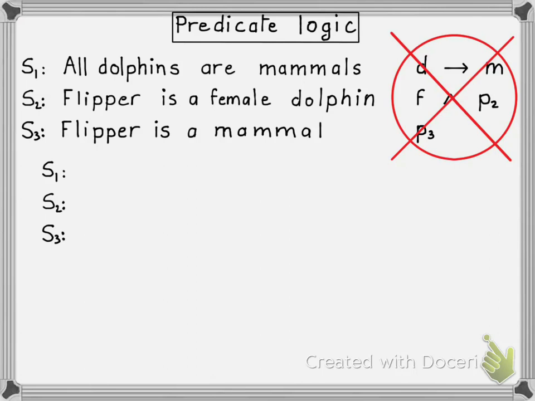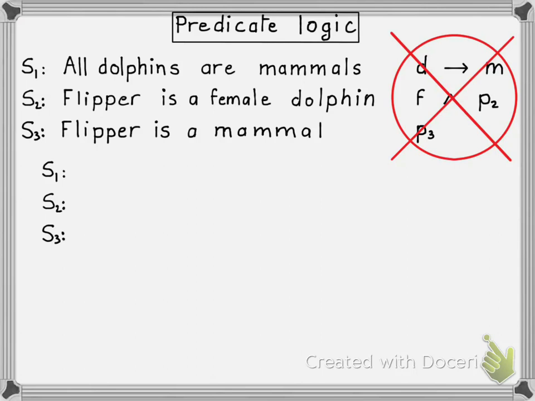S3 states that Flipper is a mammal. Now, that's an atomic proposition. That's why in propositional logic, we translate it into a single propositional variable, P3. But now we are able to actually provide a little bit more detail about what that proposition states.